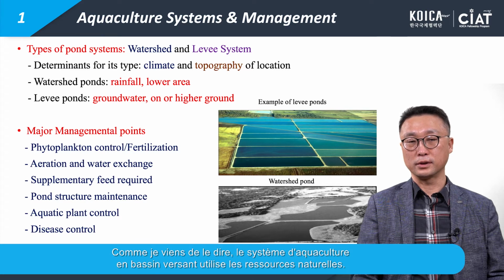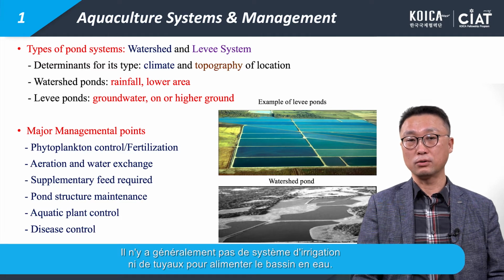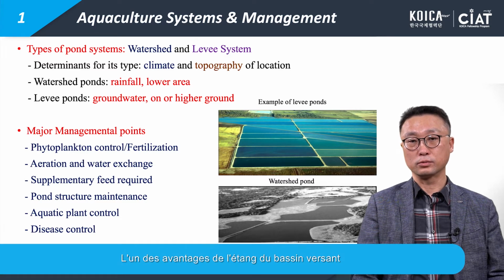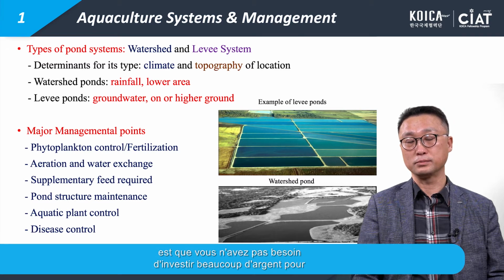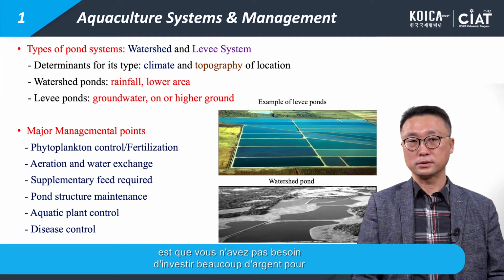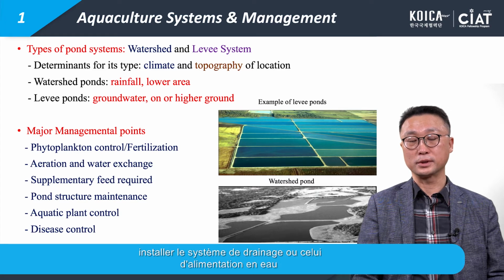As I said, the watershed pond is using the natural water resources. So usually there are no drains or pipes to feed the water into the watershed pond. One of the good things about the watershed pond is you don't have to worry about investing a lot of money to set up the drainage or the feeding water pipe.